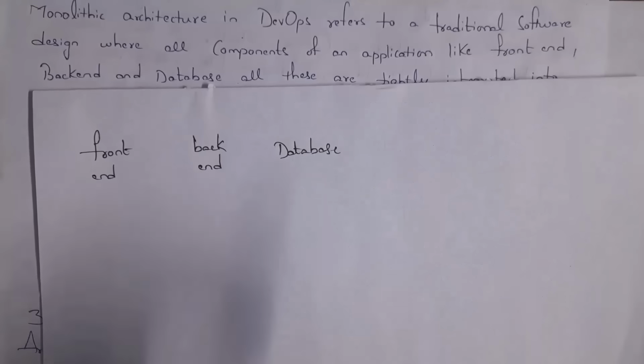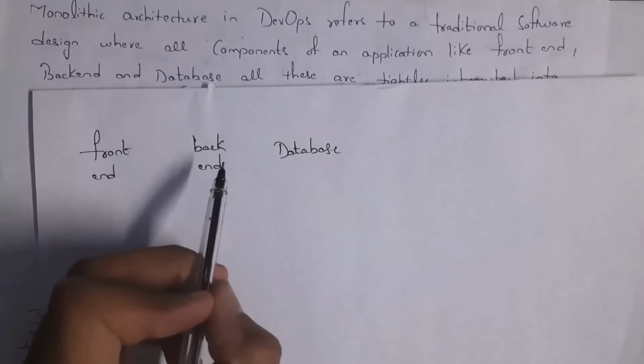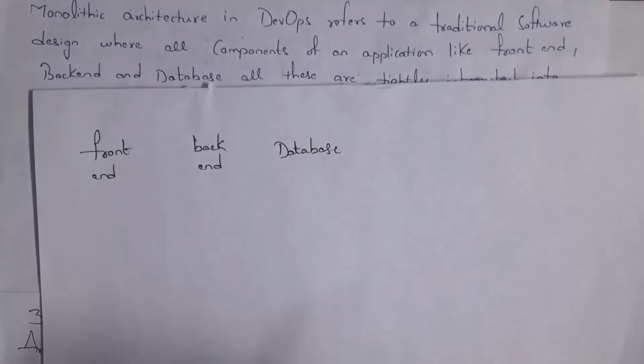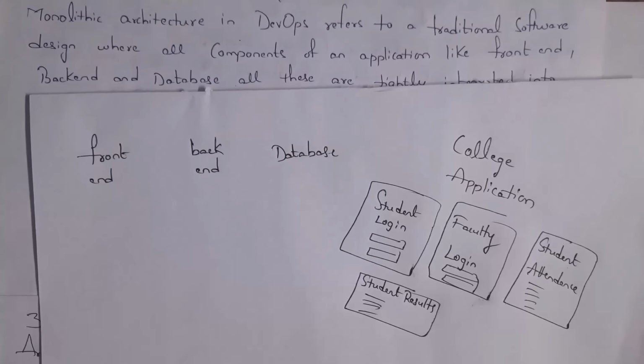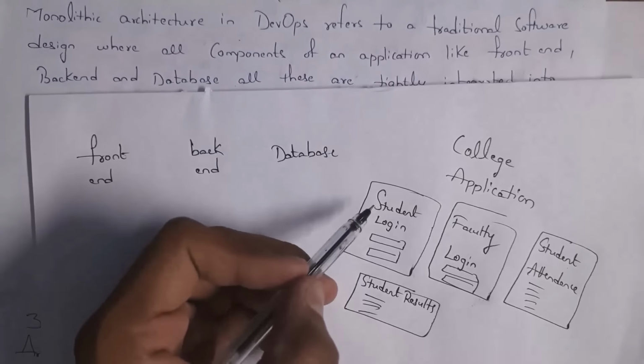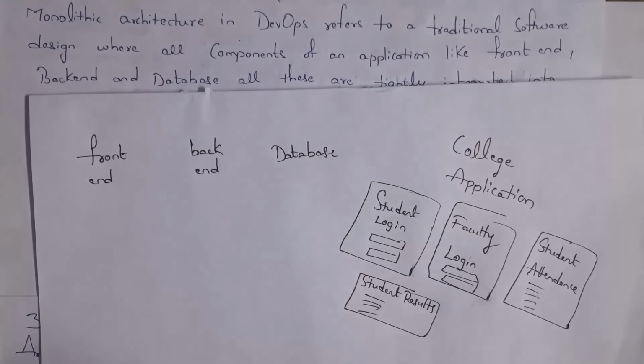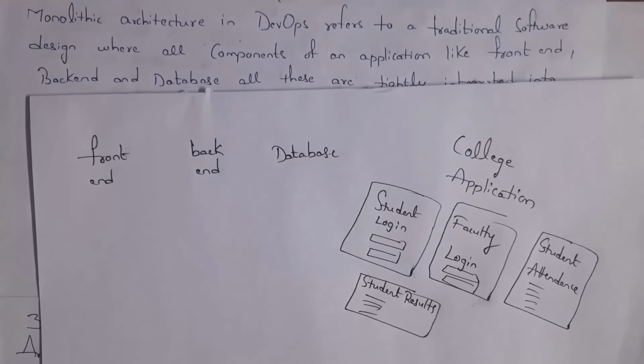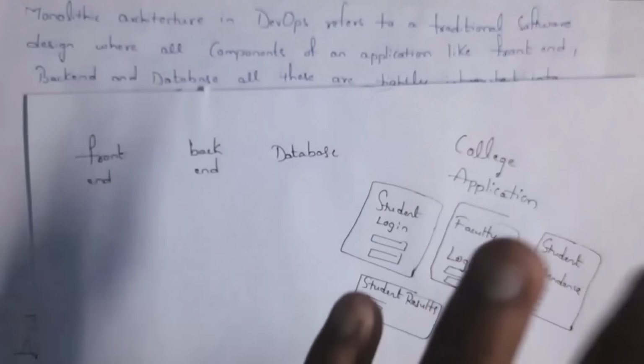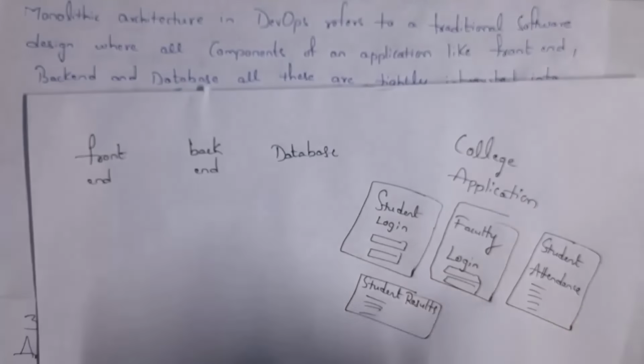Guys, any application contains a front end, back end and as well as a database. For example, I am creating a college application. In that college application, in total I created 4 pages. One page is the student login form, the next one is the faculty login form, the next one is student attendance and the next page contains student results. So in the college website, whatever you see, we consider it as front end.